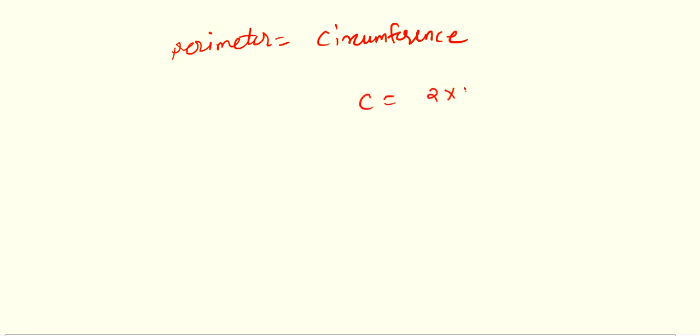Then question number 16. The diameter of a circle is given to you, find its perimeter. Perimeter of a circle is nothing but the circumference of that circle. For finding circumference you only need the radius, so 2 pi r.